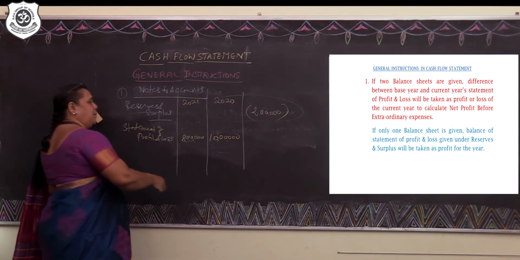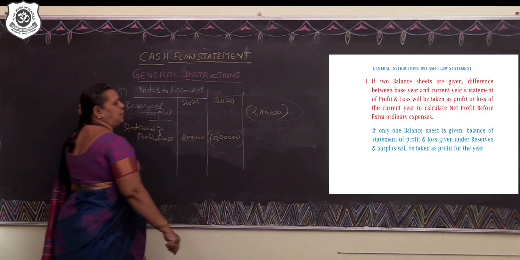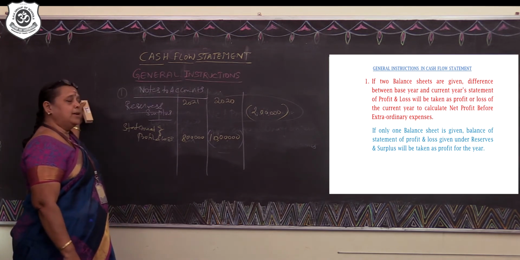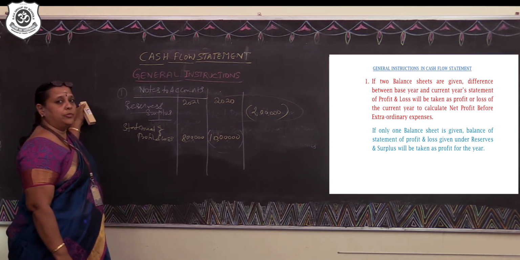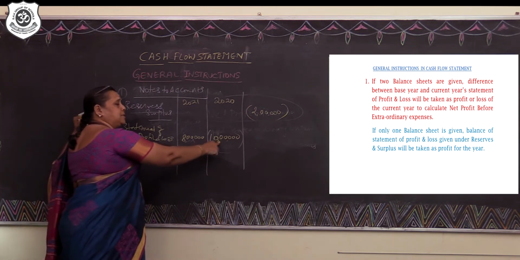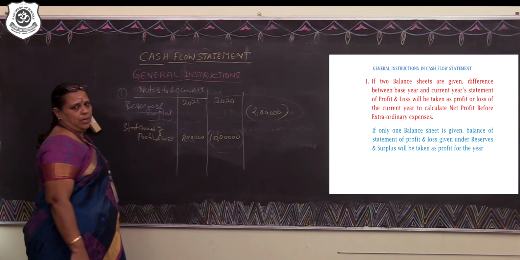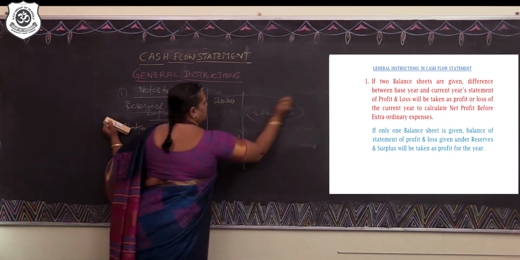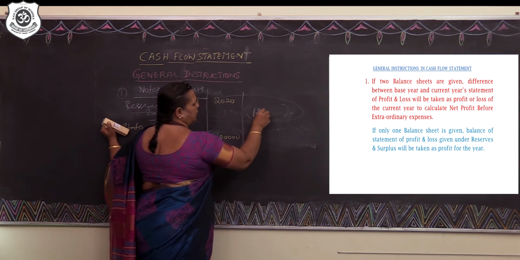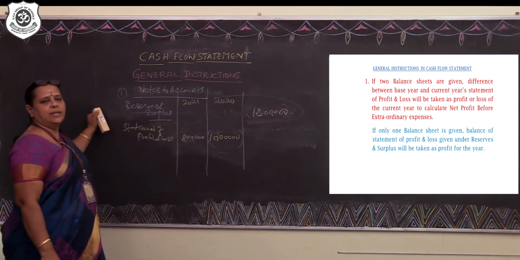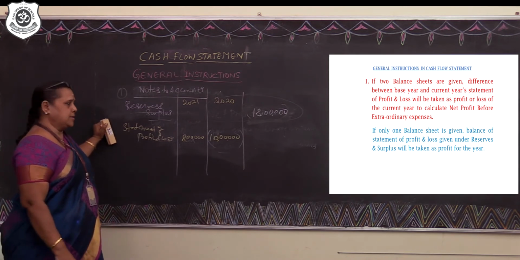You start with an unfavorable balance. Next, base year, there was an unfavorable balance of 10 lakhs and the current year, there is a favorable balance of 8 lakhs. What does it indicate? After covering the base year's loss of 10 lakh rupees, current year there is a profit of 8 lakhs, which means current year there is a profit of 18 lakhs.